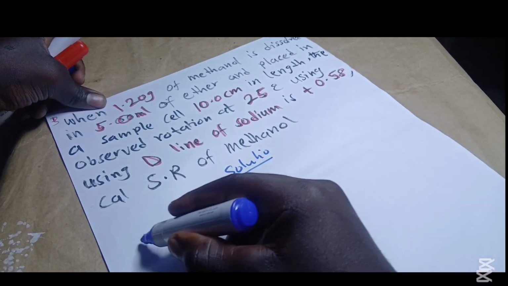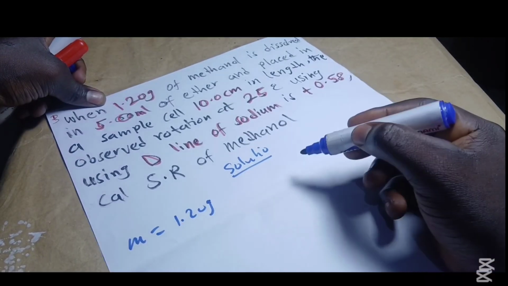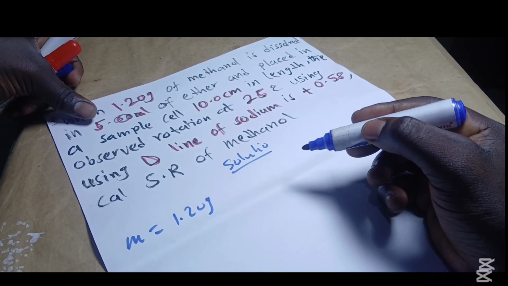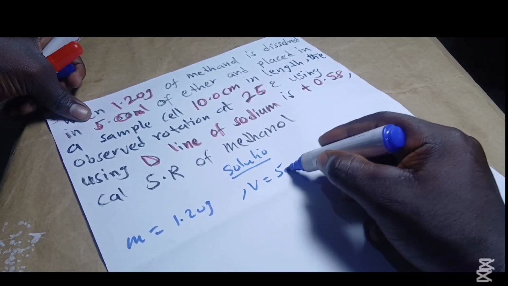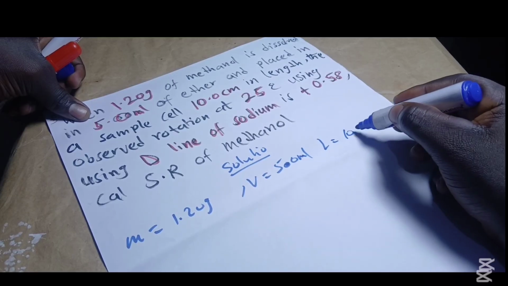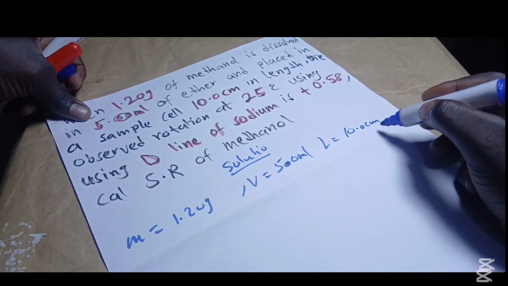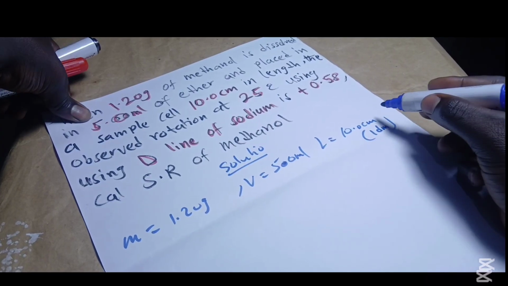Mass is given to be 1.20 grams, volume is given to be 5.0 ml, and L is given to be 10.0 centimeters, which is 1 decimeter if we convert it to decimeters.